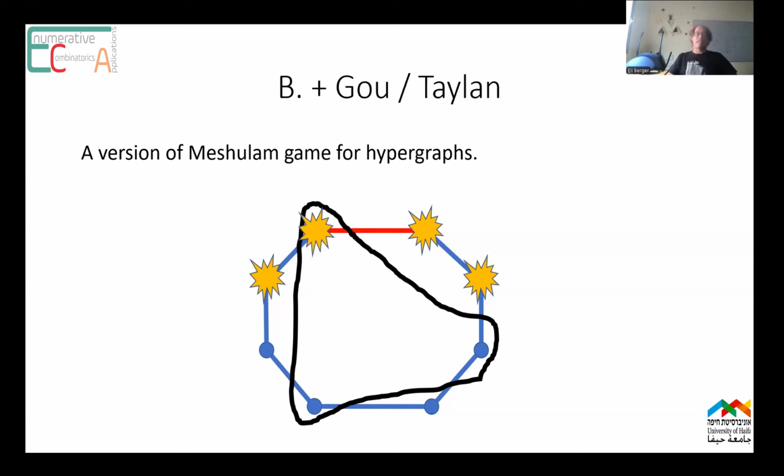One difference is that the payment that player 2 needs to pay player 1 when blowing up an edge is not always 1. It is the size of the edge minus 1. So if I blow up an edge with four vertices, I need to pay $3, not just 1.